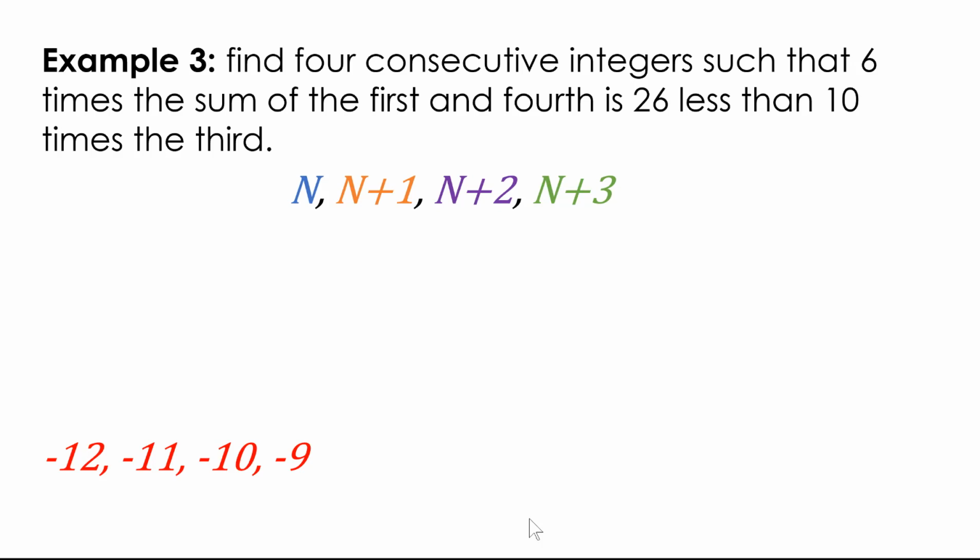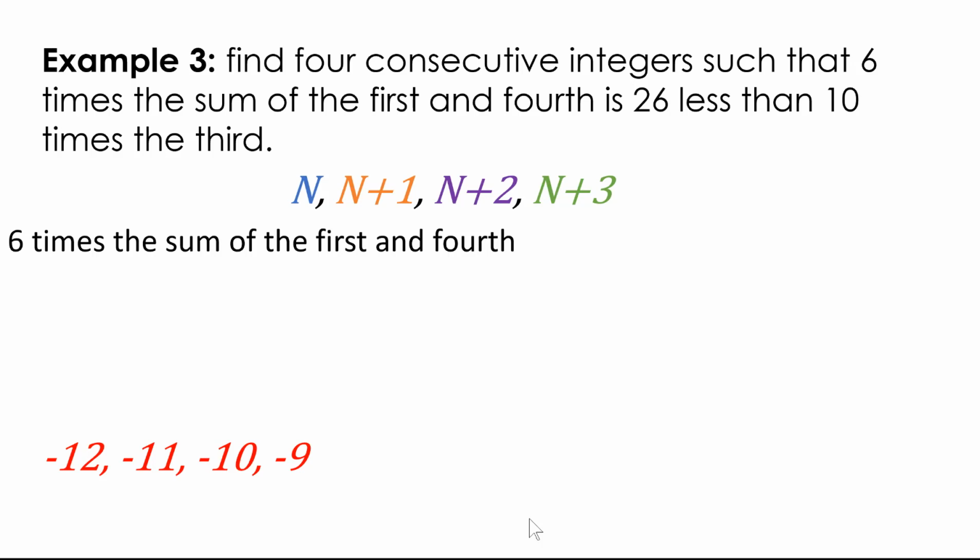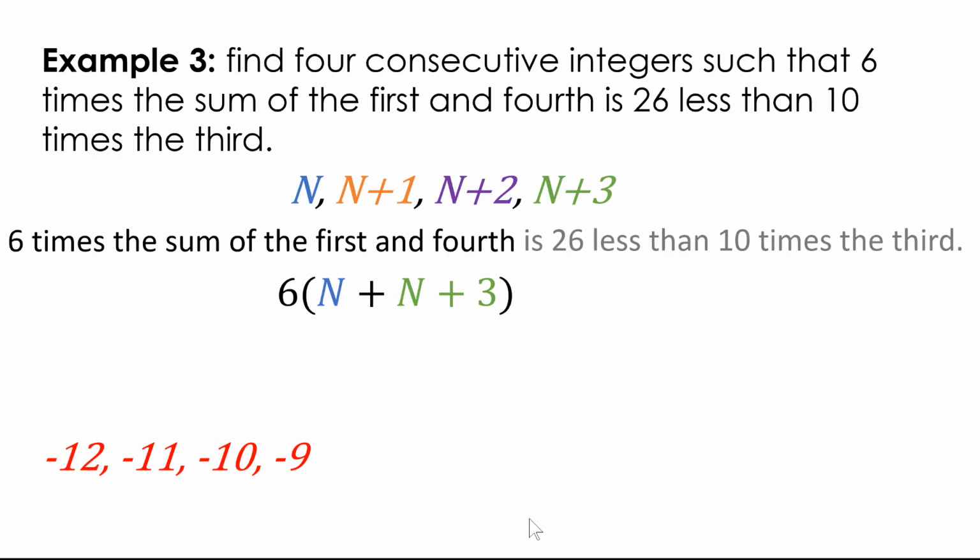It says that 6 times the sum of the first and fourth. The first is n, the fourth is n plus 3, so 6 times that sum is 6 times n plus n plus 3. That is 26 less than 10 times the third. Is means equals.